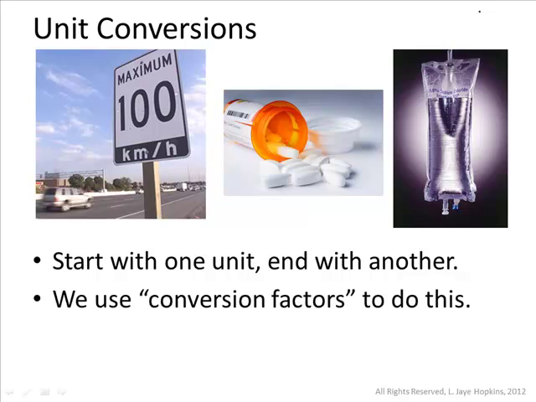In order to make all of these different conversions, we're going to use something called a conversion factor. And a conversion factor is really just a fancy word for fraction. In other words, it's a mathematical form of something that has a top or a numerator and a bottom. So let's look in detail at conversion factors and then use them to do some conversions.